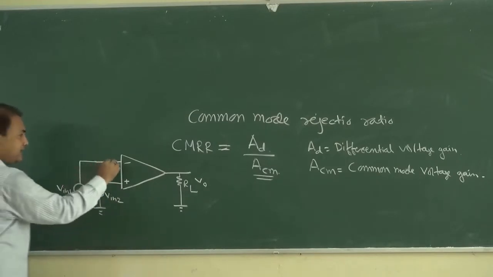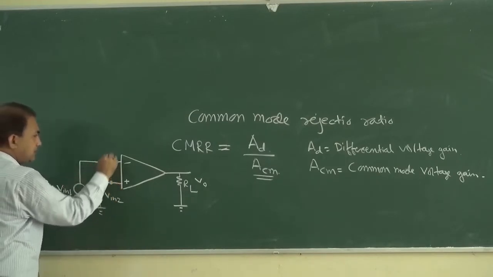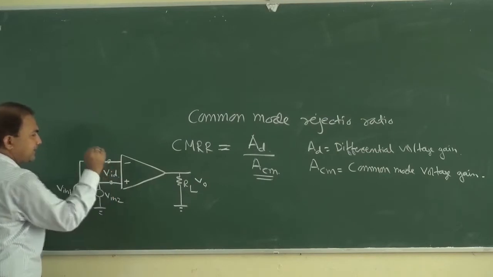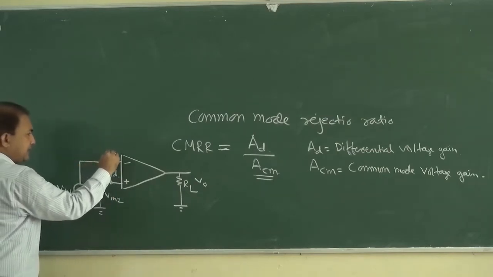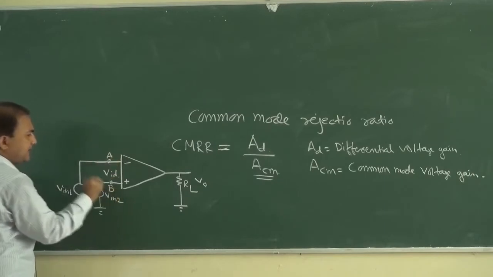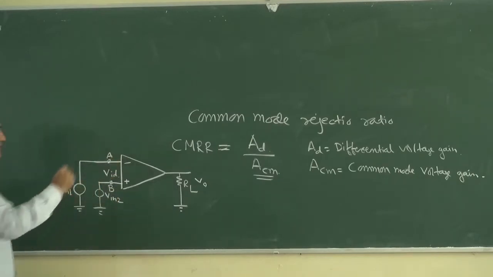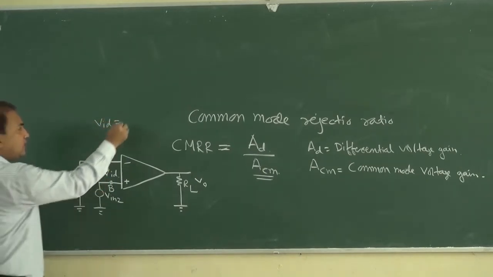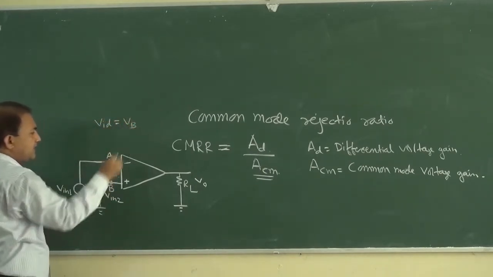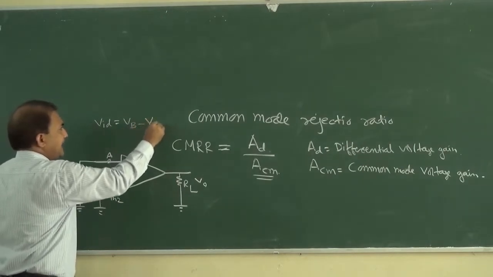And this is VID. Suppose this is point A and this is point B. So VID is equal to VB minus VA.